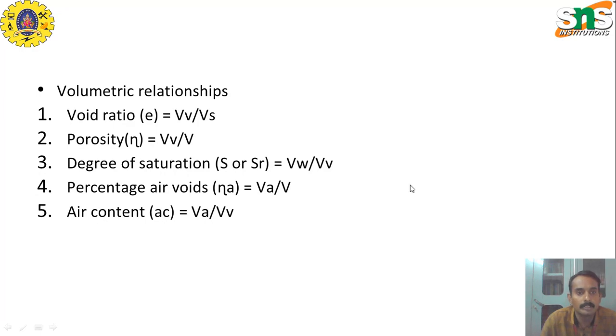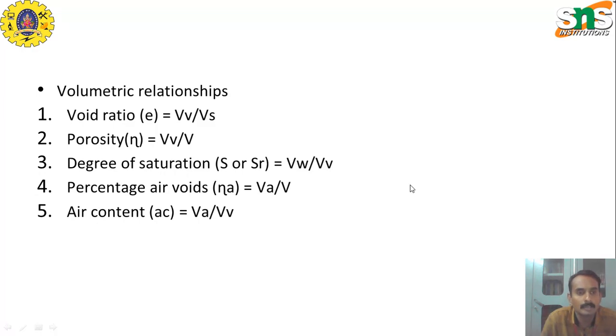Volumetric ratio or volumetric relationship is the relationship between various forms of soil represented in the form of volume. There are 5 different volumetric ratios to be considered. First one is void ratio, second is porosity, third is degree of saturation, fourth one is percentage air voids, and fifth one is air content.